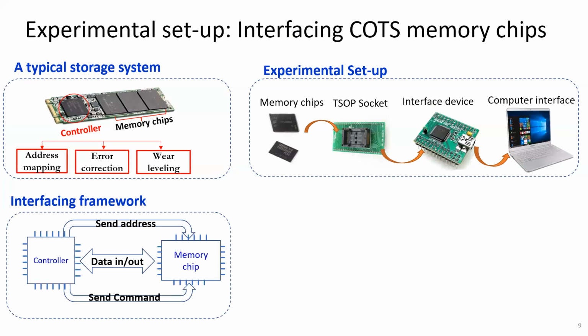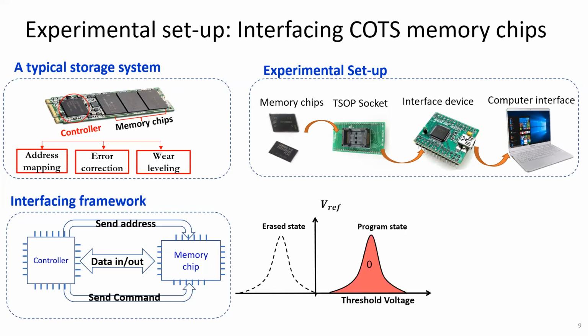This is the general interfacing framework. You interface the address lines, data lines, and the command pins of the chip, and that's how we interface commercial off-the-shelf memory with a microcontroller. The interesting part of this setup is that even though it is a digital setup, where we can send zeros and ones, we can still measure the analog threshold voltage, because the chip internally has a digital-to-analog converter.